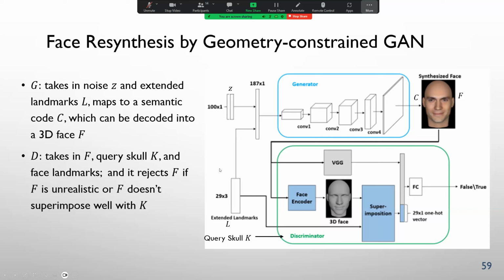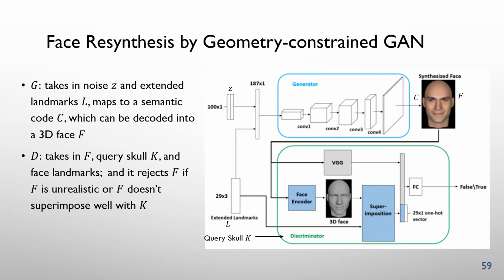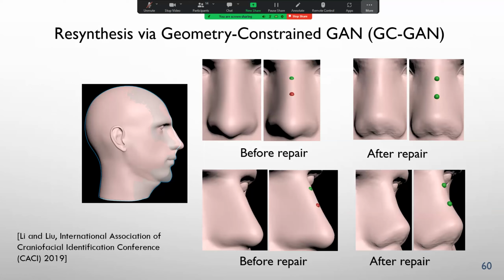The discriminator D checks this generated face to see if it is realistic and if it aligns well with the skull by checking if it passes the extended landmarks. If not, then D will reject this face. So this is the simple design of this pipeline.